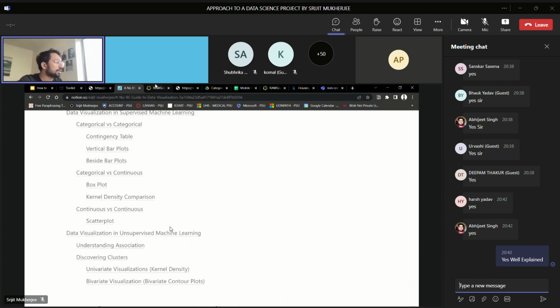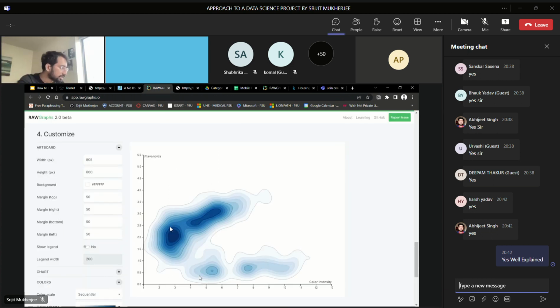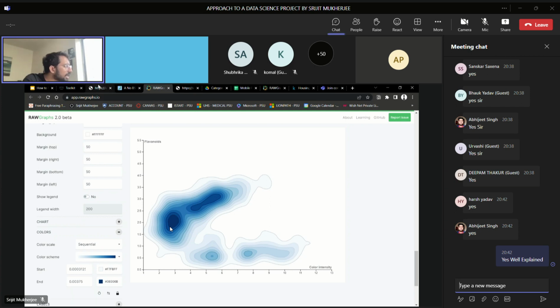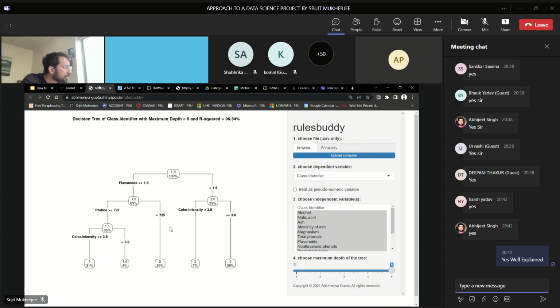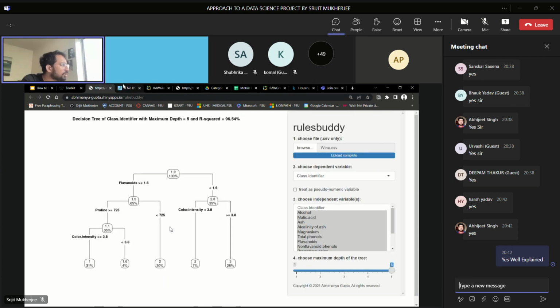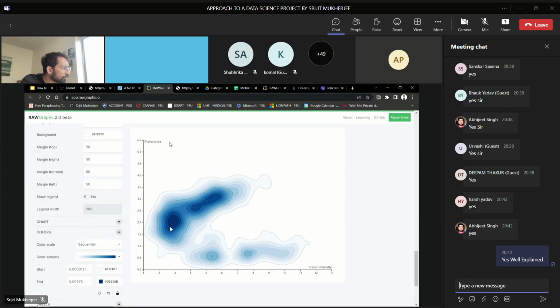So you can see that it's telling you this. I don't know where it's coming from, but it's telling you that flavonoids less than 1.6 is this line, and color intensity greater than or equal to 3.8 is 19.